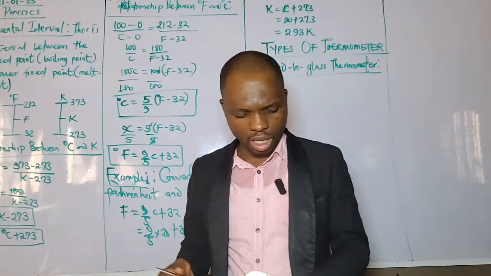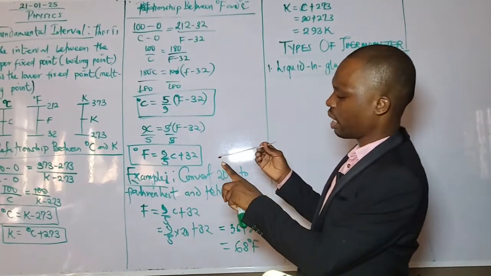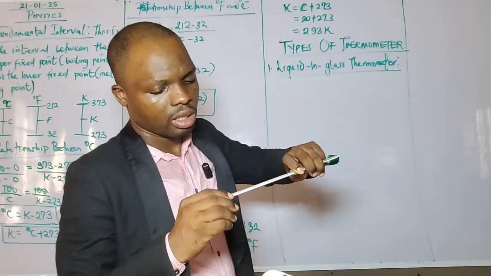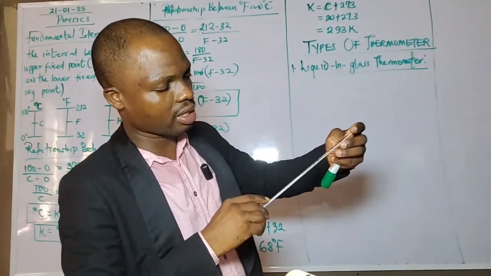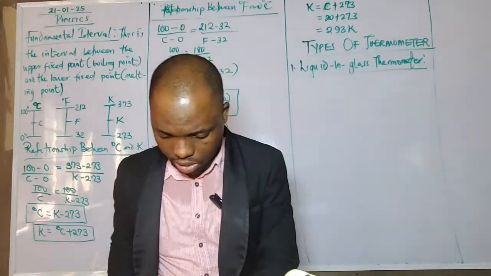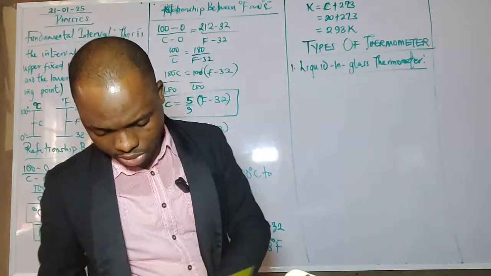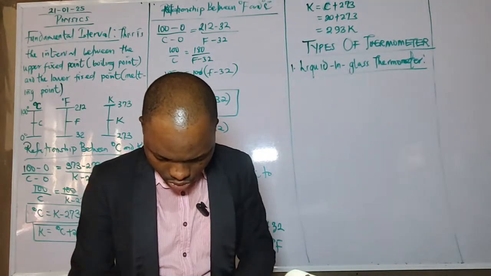So we can see from this end, this is the lowest point. So if this is already faulty, this is a faulty thermometer. Let me see if I can find one that is showing color very well.